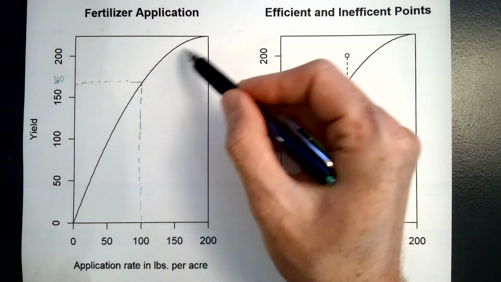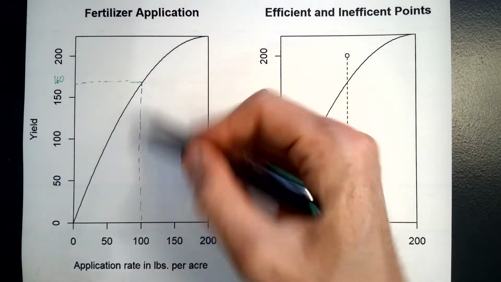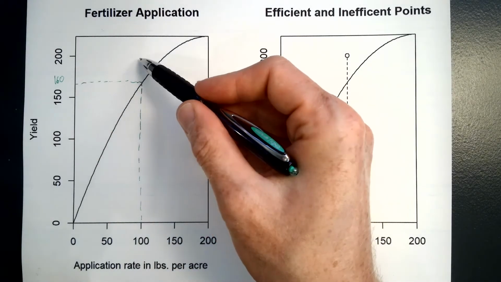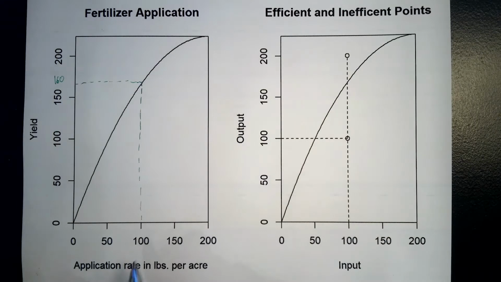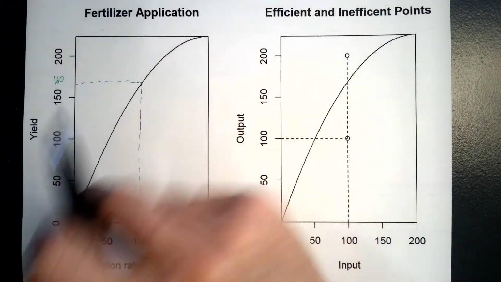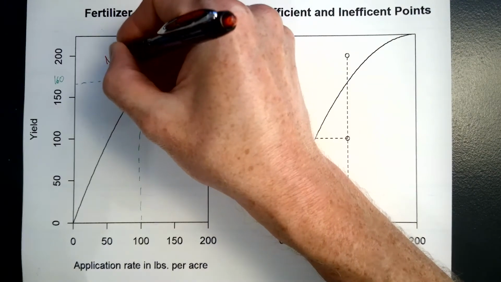Given this production function, it is not possible that you can achieve more than 160 bushels of corn with an application rate of 100 pounds. In the sense that this upper region here above the production function is not attainable.